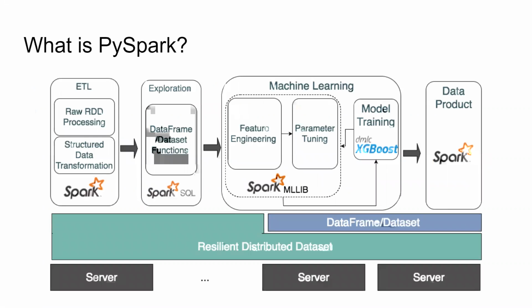So this is a visual representation of what Spark does. At the beginning, you have to process your data and transform it, and you create a data frame or use dataset functions to explore your data. Then you send that data into your machine learning model.